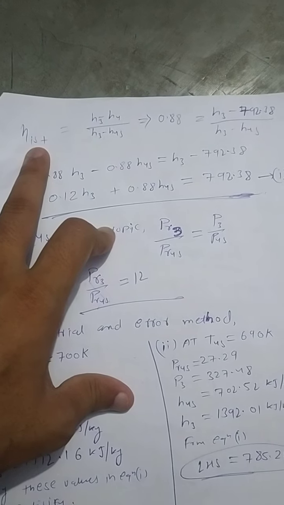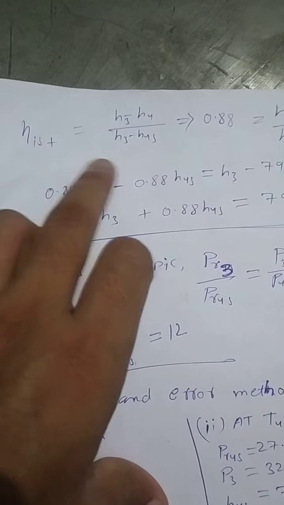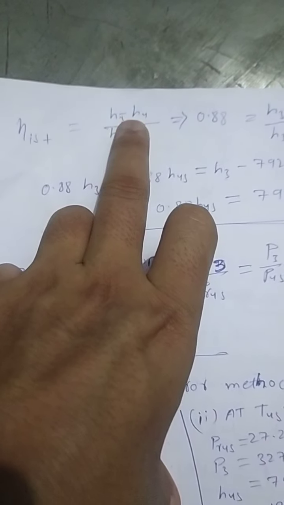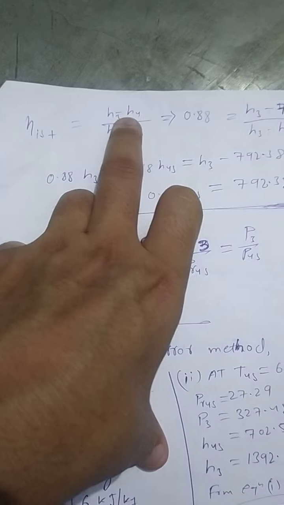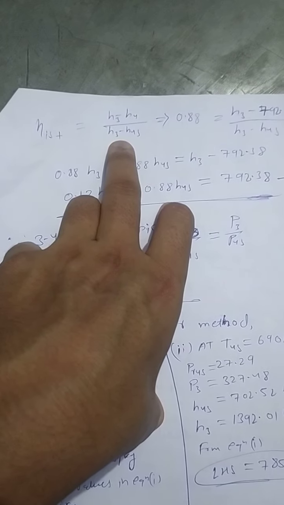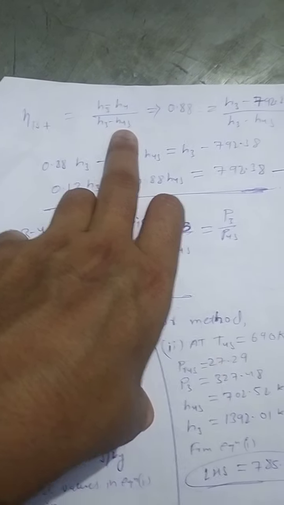Now the isentropic efficiency of the turbine would be the actual work output by the turbine, that is H3 minus H4, divided by the isentropic work output by the turbine, H3 minus H4s.